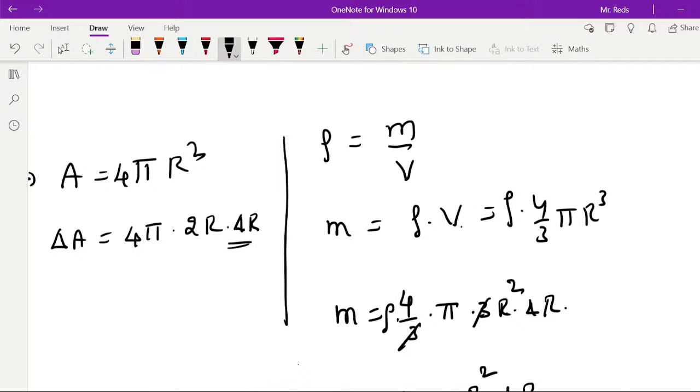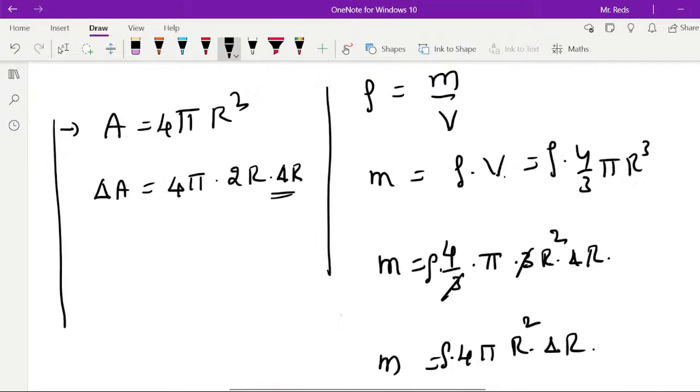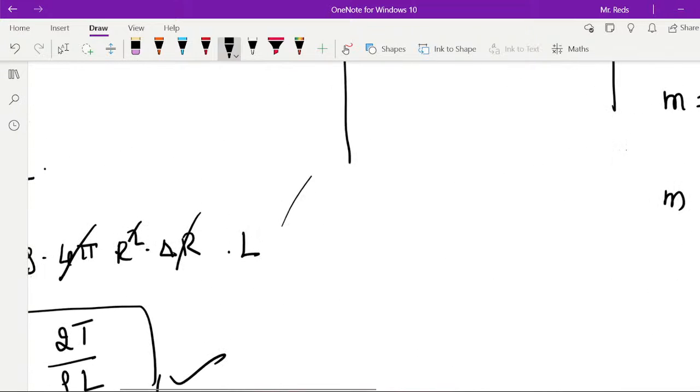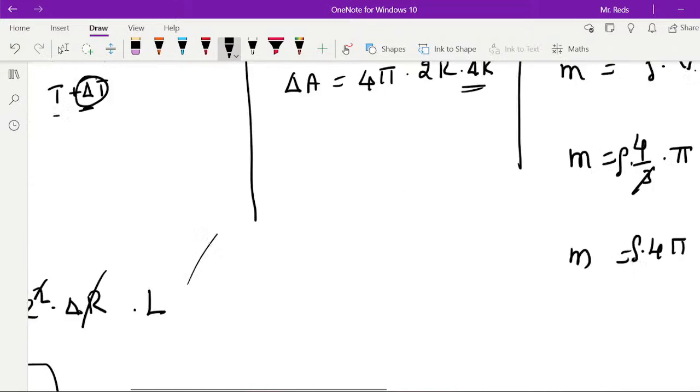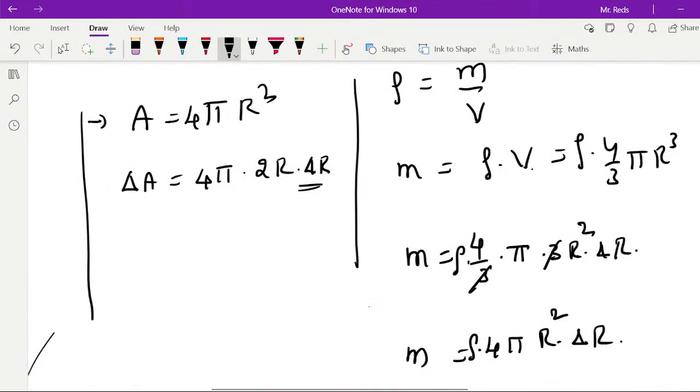What we are taking here is m into L. Actually rho into the change in volume, you have to take here. Volume V is equal to 4 by 3 pi r cube. The change in volume can be taken as 4 by 3 pi into 3 r square delta r.